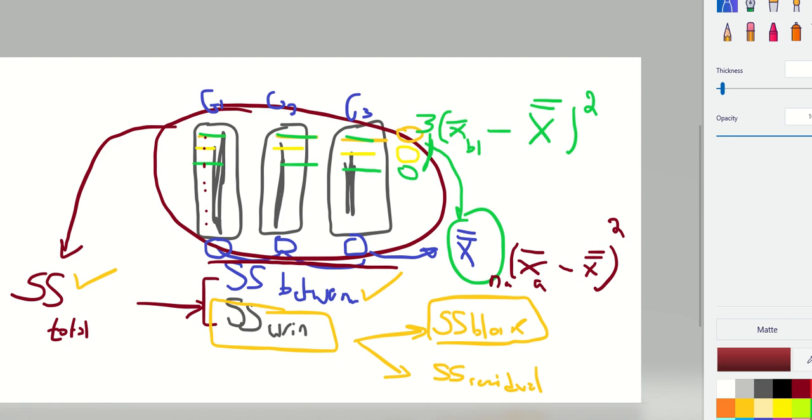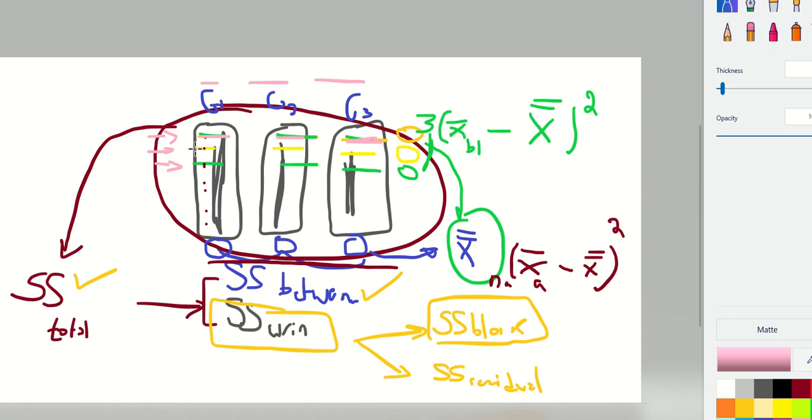So let's recap quickly. When you have blocking, you still have group 1, group 2, group 3, or 4, or 5, or 6, it doesn't matter. But this time you have some sort of blocking inside the groups. Let's say it's the same person measured every time. Maybe Sausan is measured first time, second time, third time.